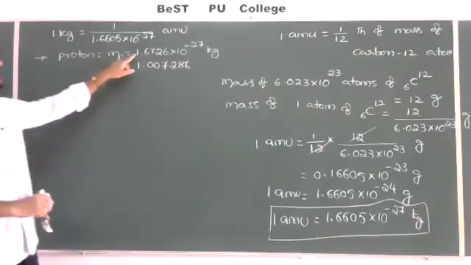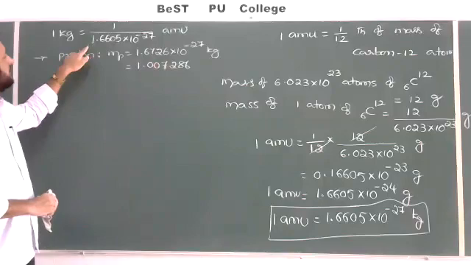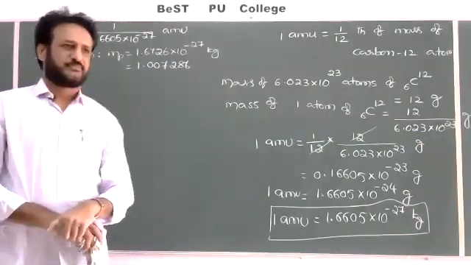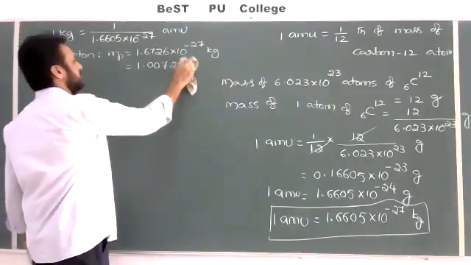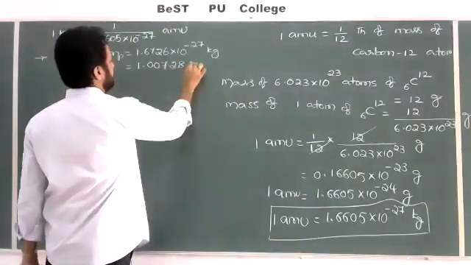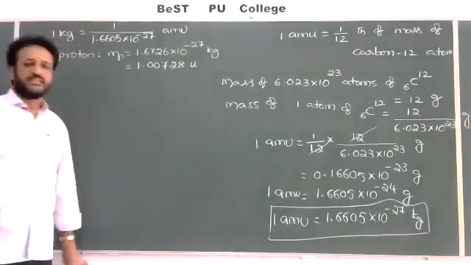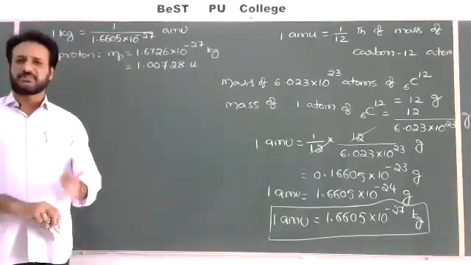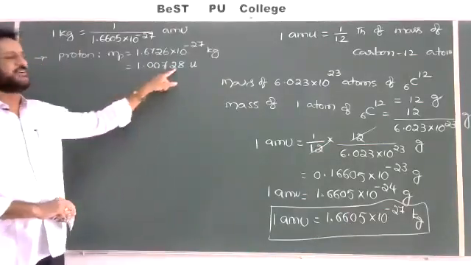Or if you divide 1.6726 by 1.66, okay. So you can take up to 7 to 8 AMU, or unified mass u. So the approximate mass of the proton is 1.00, with the standard value 7 there. If you round up the value, 7 to 8.